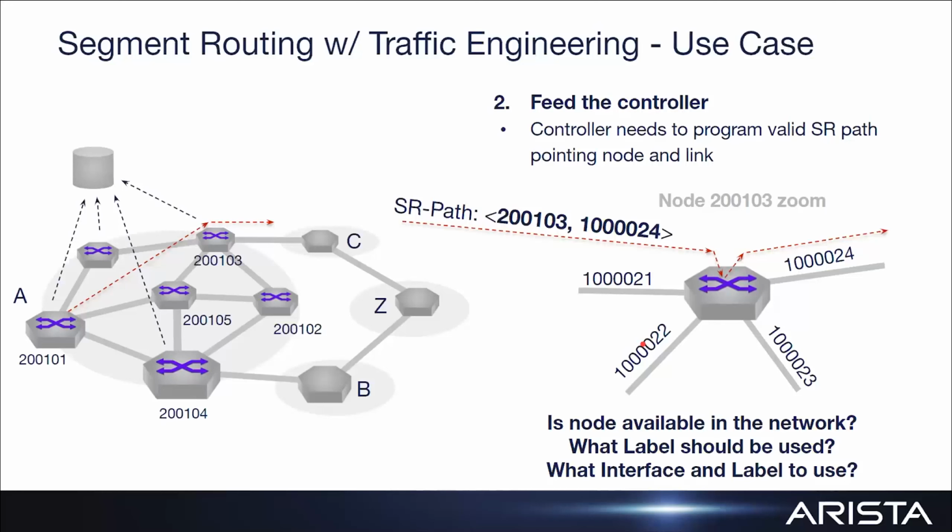Well, we all know networks are dynamic. Sometimes interfaces or nodes go down. Thus, we cannot statically program our policy. We need to feed our controller with the network state information. And well, as usually in networking, we have multiple options.